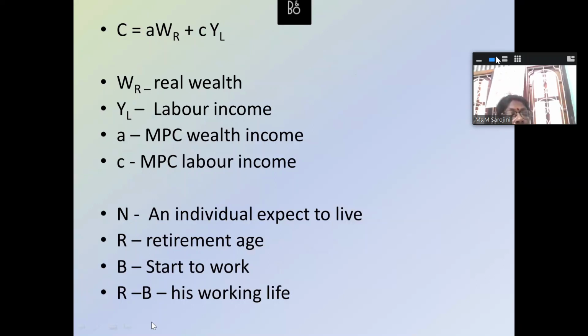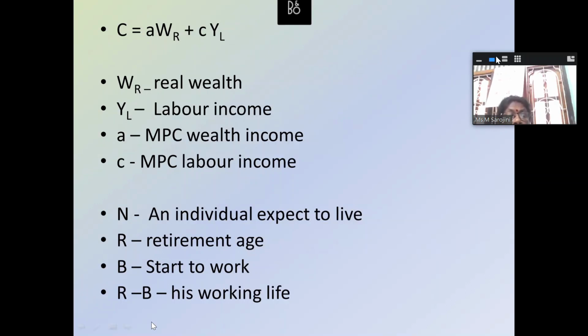And further, normally we consider the simple N in this calculation of the consumption, saving, as well as the future consumption.